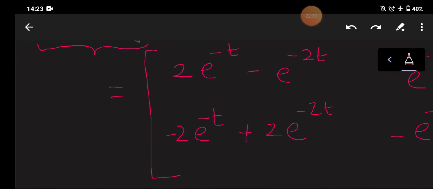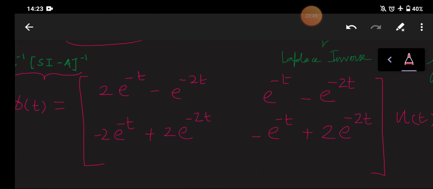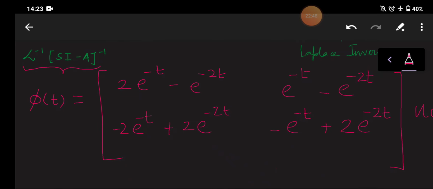So I can write here phi(t), which is equal to this complete matrix, and this is our final solution. In this way today we have learned how to calculate the state transition matrix.